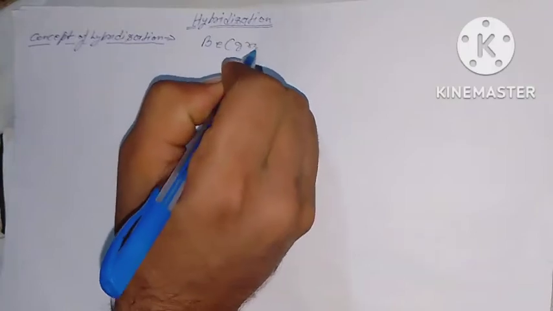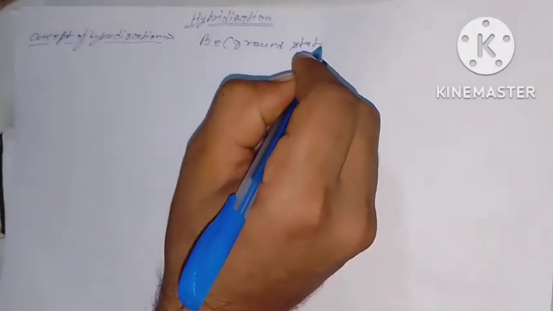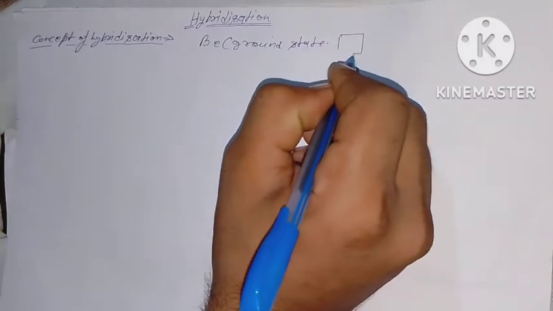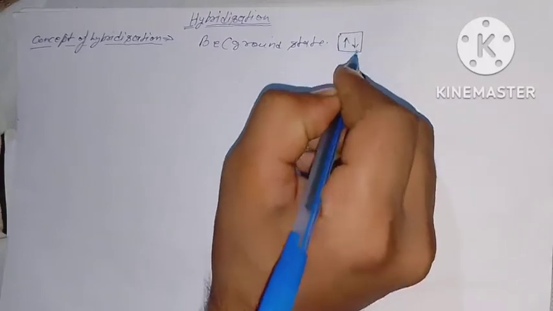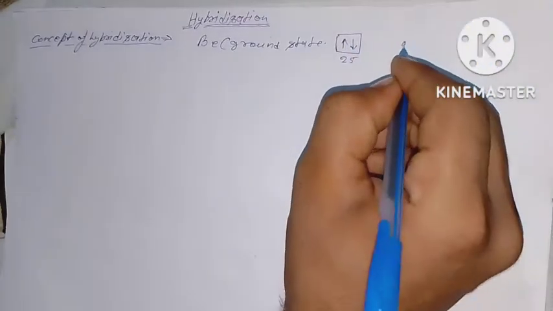Beryllium, ground state. That means this is the ground state. 2s, 0 unpaired electron.